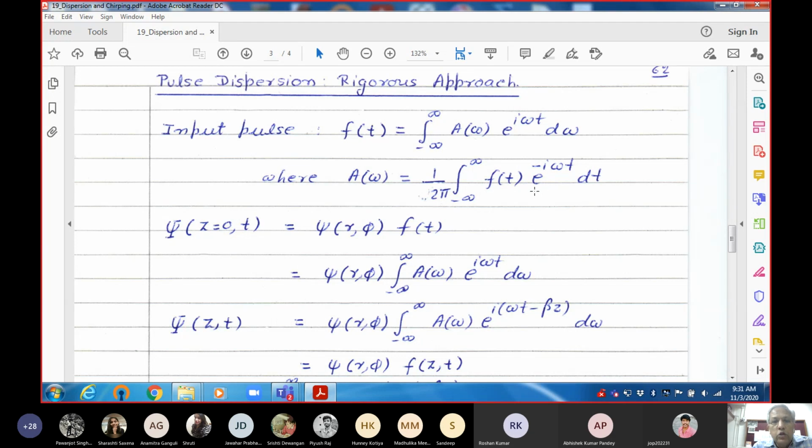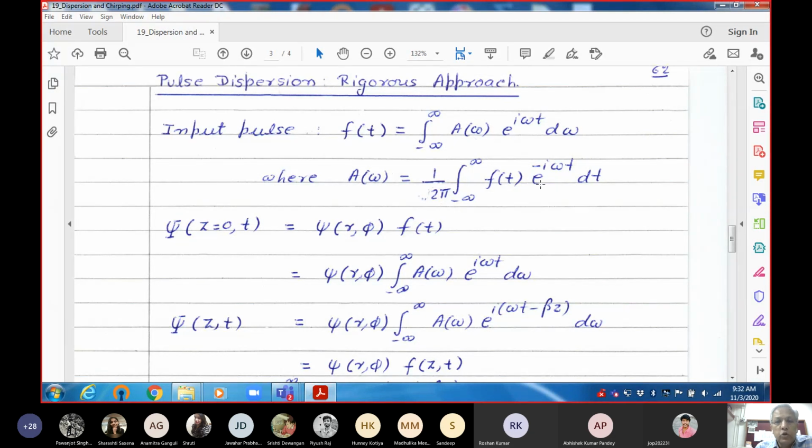So what does it mean physically? That this function f of t has different frequencies, and their amplitudes, with the square of A of omega being the relative power, are given by this function.